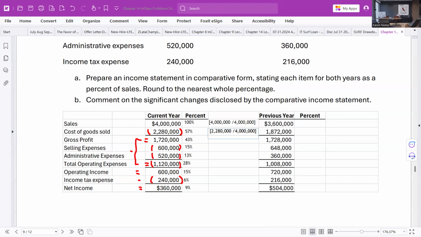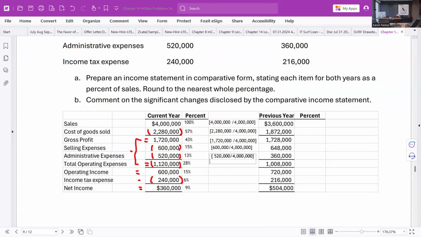For the gross profit, we do the same thing: we take the 1,720,000 and divide it by sales. We take the selling expenses, the 600,000, and divide by sales. That's where the 15% comes from. Then the administrative expenses, we express as a percent of sales by dividing them by the 4 million.